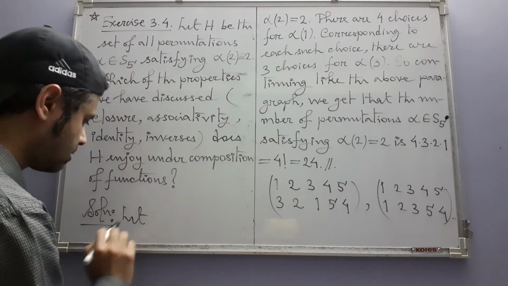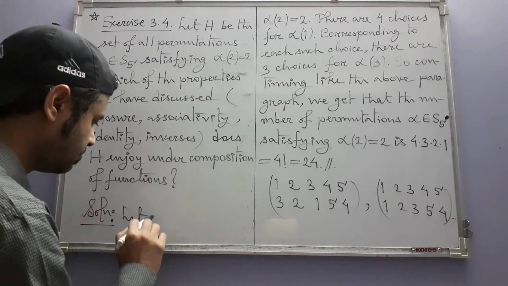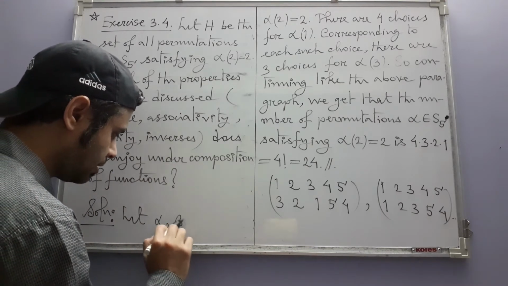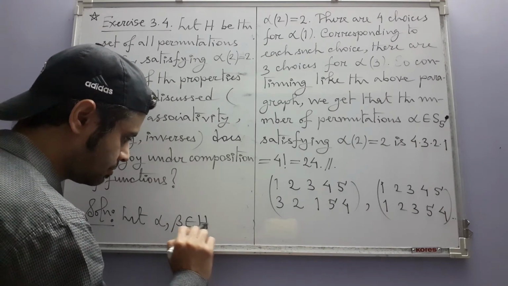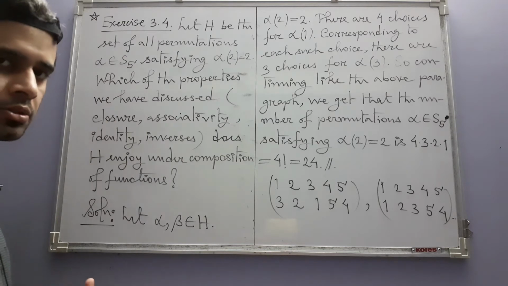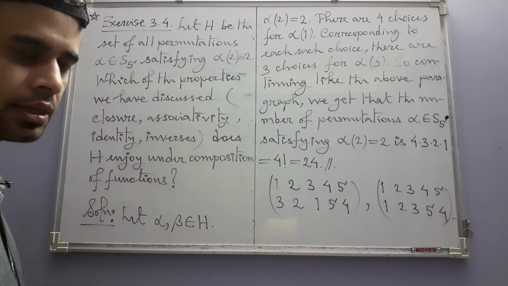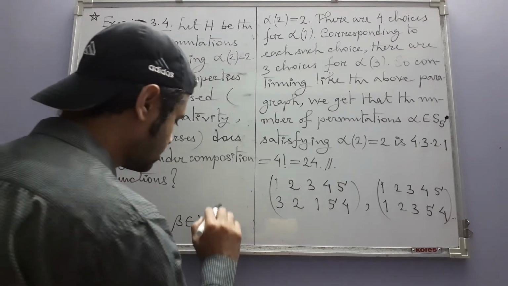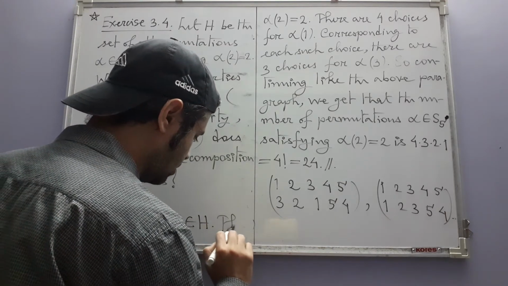So let us start with the closure property. Let alpha and beta belong to H. We have to see whether their composition belongs to H. If that is the case, then H is closed under composition of functions.